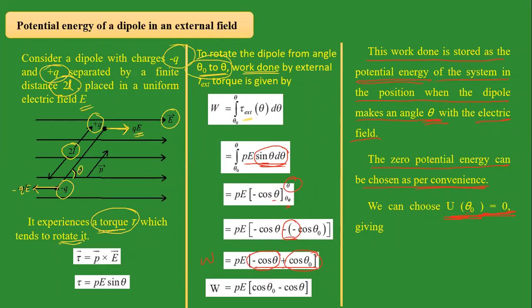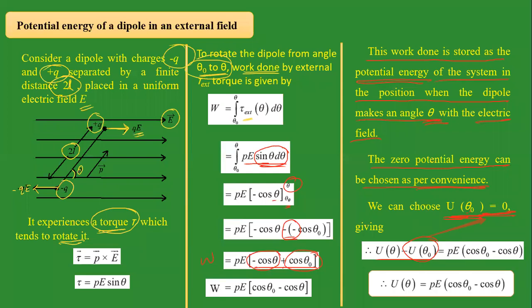We get potential energy is equal to pE in a bracket cos theta 0 minus cos theta. So this is the potential energy. We have written the formula of potential energy, because we chose the zero potential energy point as per our convenience.